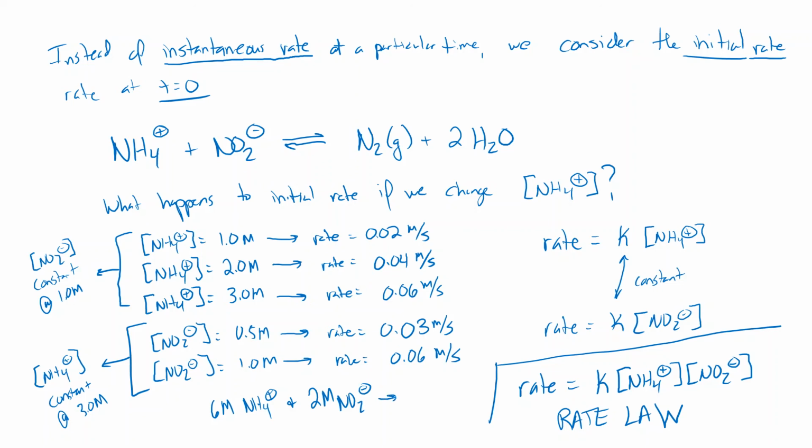And so in that case, the rate would equal 0.24 molarity per second. This is 2 times 2 times 0.06. Because we doubled both, doubling and doubling, we have to multiply by 2 twice. And so we get 0.24 molarity per second.